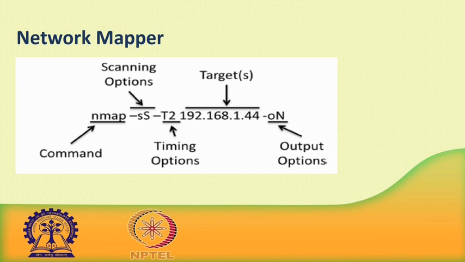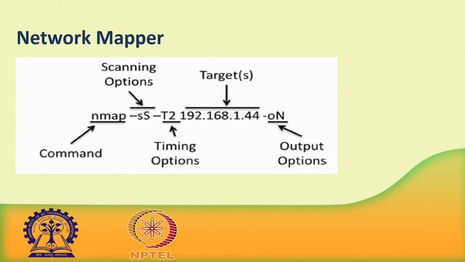The template names are: we use 0 for paranoid, 1 for sneaky, 2 for polite, 3 for normal, 4 for aggressive, and 5 for insane scan. The first two are for IDS evasion. Polite mode slows down the scan to use less bandwidth and target machine resources.